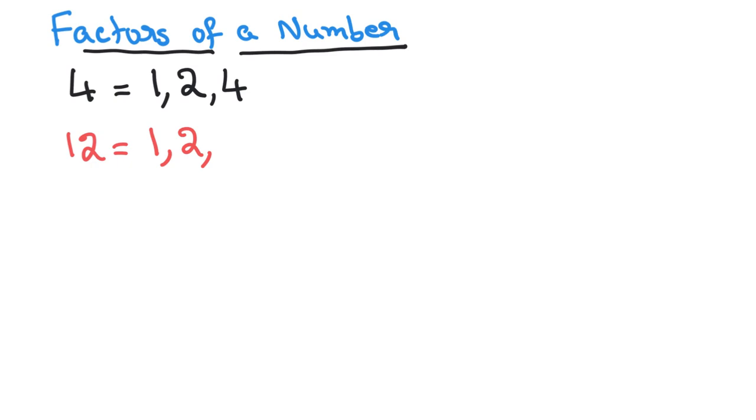Okay, go on. 3, very good. 3 can divide 12. Okay, 4, good. Then 6, because 12 can be divided by 6. And then 12 itself. Now, do you get an idea? What are the factors of a given number? In other words, all the numbers that can divide the given number that we are talking about. Great. So we understand what we mean by the factors of a number.